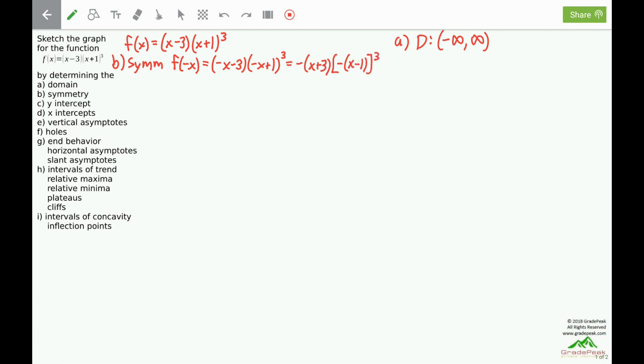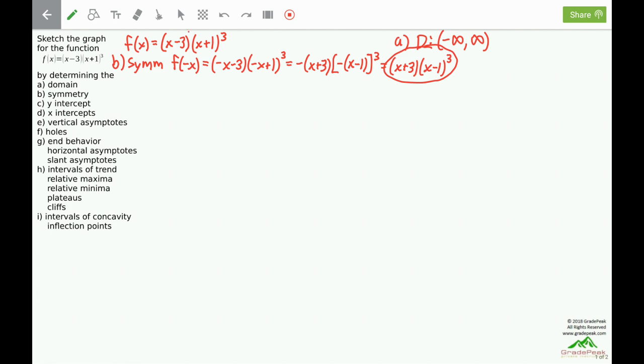The entire quantity is cubed. A negative cubed will be a negative. It can move out front with the other negative to become positive. There is an x plus 3, and there is an x minus 1 quantity cubed.